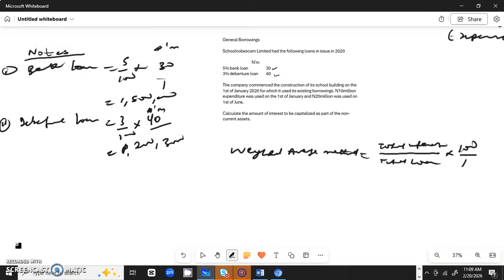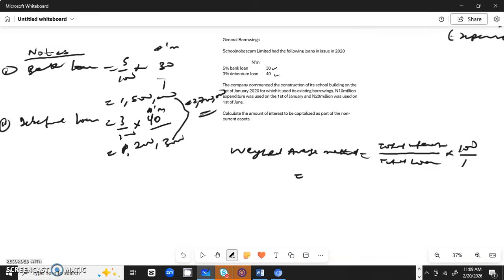So at the end of the day, our total interest is 2,700,000. So the calculated interest payable on this loan is 2,700,000 naira. Now, in line with IAS 23, which borrowing cost do we capitalize and which do we expense? How do we go about that? Let us now apply this to the formula that we have here.